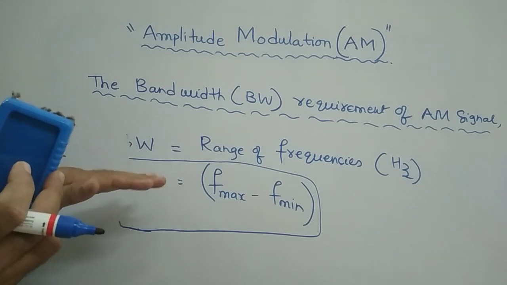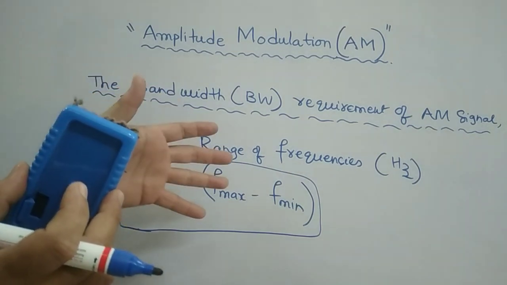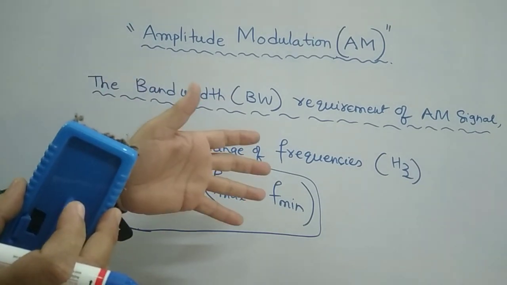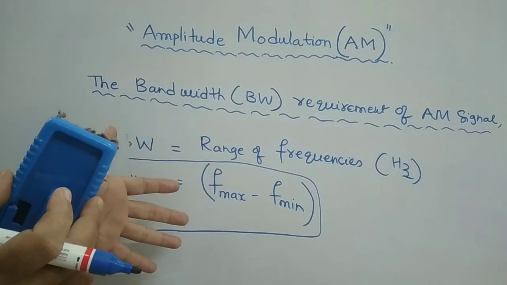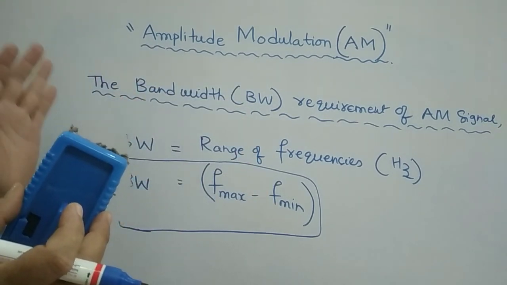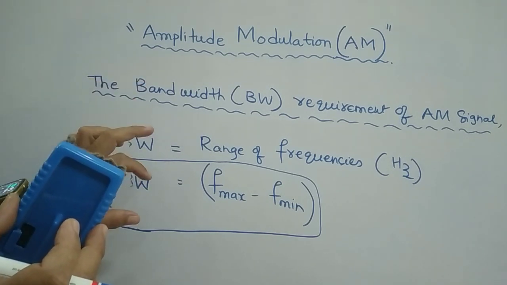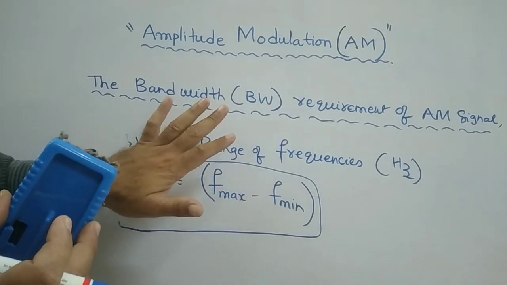Till now we have seen how the modulated signal expression can be derived mathematically from the inputs, the message signal and the carrier signal. Using m of t and c of t, we have seen how s of t can be obtained.